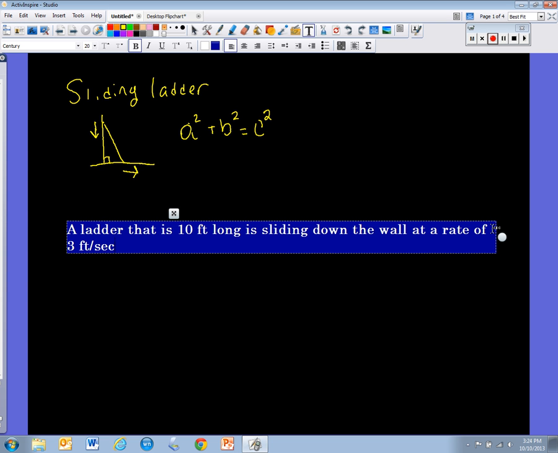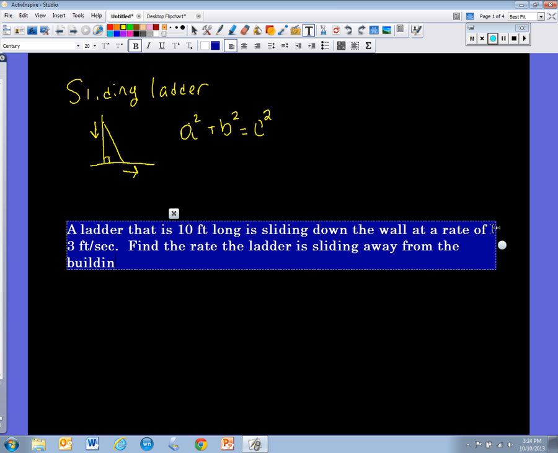That's actually quite fast. Find the rate that the ladder is sliding away from the building when the ladder is, let's think, 4 foot from the ground.